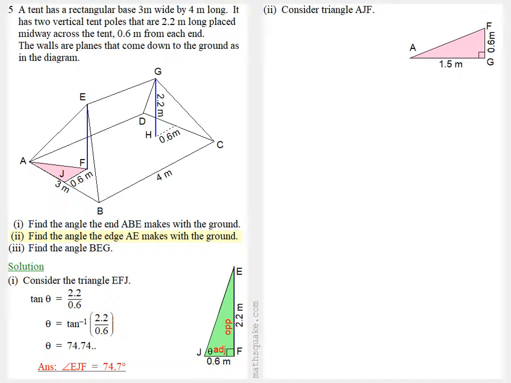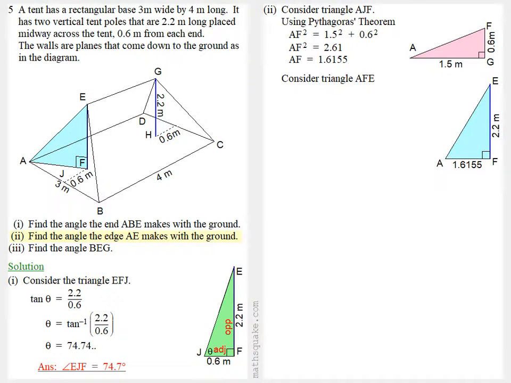We can see it's a right angle triangle, so using Pythagoras' theorem, we have AF squared is equal to 1.5 squared plus 0.6 squared, which works out AF squared is equal to 2.61. Now if we take the square root of both sides, that gives us AF is equal to 1.6155.